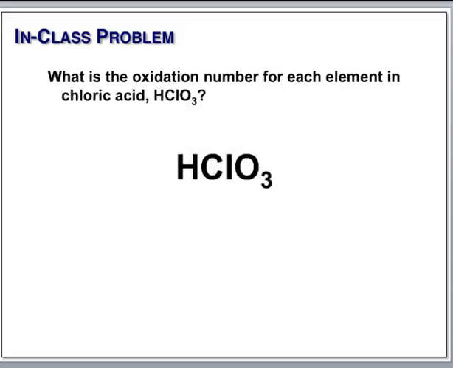Actually, I lied. There is one more. But that was so much fun. Let's do this one too. This is chlorate, so this is called chlorous acid.